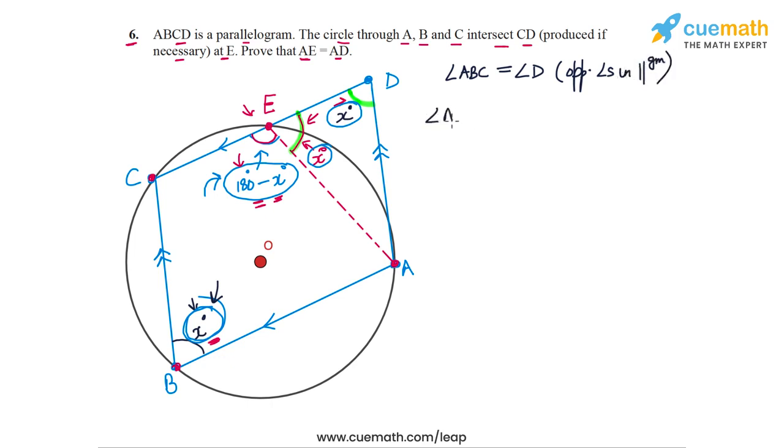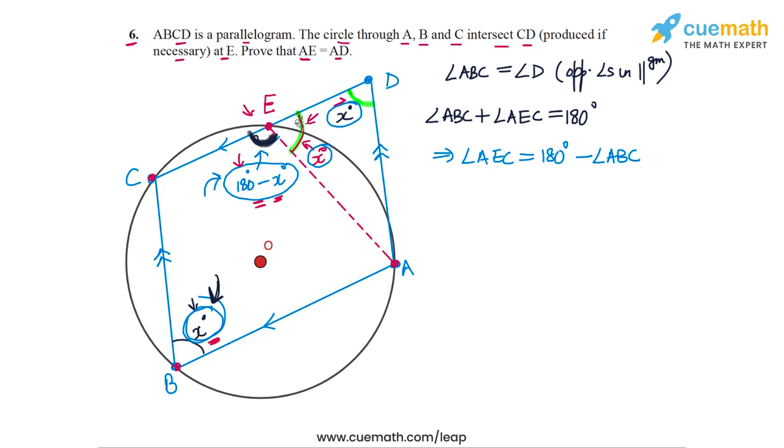Also, angle ABC, this angle, plus angle AEC, which is this angle here, sum to 180 degrees. So angle ABC plus angle AEC is equal to 180 degrees, which means I can write angle AEC as 180 degrees minus angle ABC.